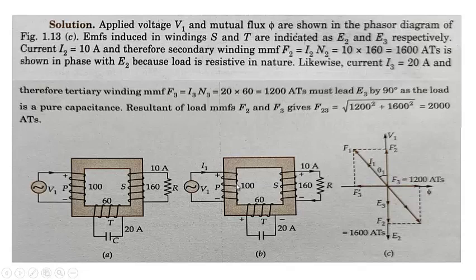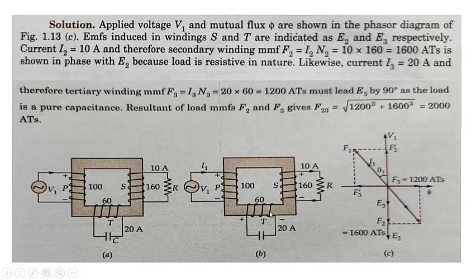Likewise, the current I3, that is the current flowing through this, is 20, and therefore the tertiary winding MMF is equal to N3 I3, which must be leading E3 by 90 degrees. So this F3, which is 1200 ampere turns, must be leading E3 by 90 degrees.